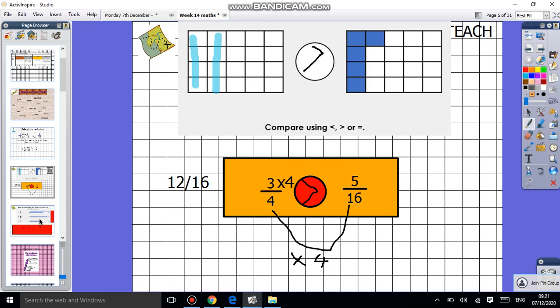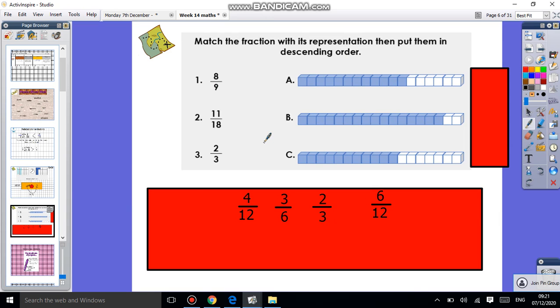Okay, now the final part. We've got to match the fraction with its representation and put them in descending order. So this time it has given us the representations again. It has put them into 18ths. So one of these will obviously say 11/18ths because we don't need to change that fraction. One of them will be equivalent to 8/9, and one of them will be equivalent to 2/3.